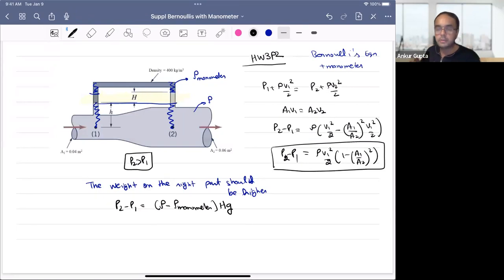I'm just using the density; you can also use the gamma specific weight. So that's it. Then you can equate this to the right hand side and solve, and this is what you all did in the homework. So this is a shortcut approach. You can just physically motivate that the weight on the right hand side should be higher.